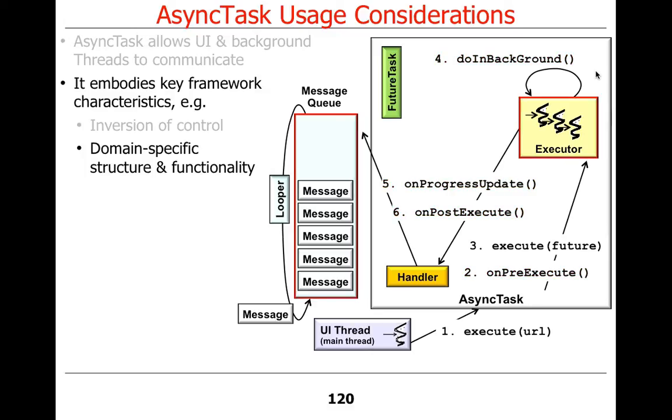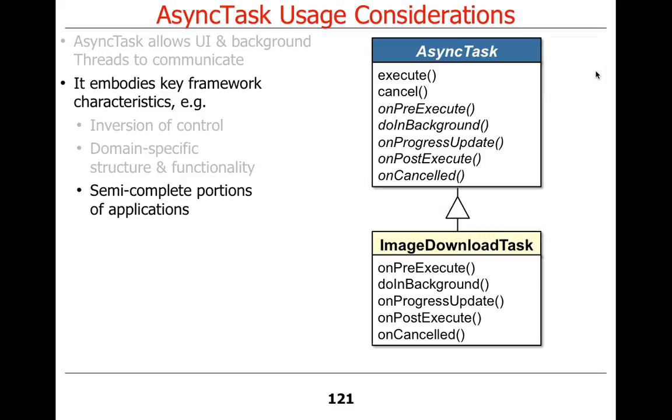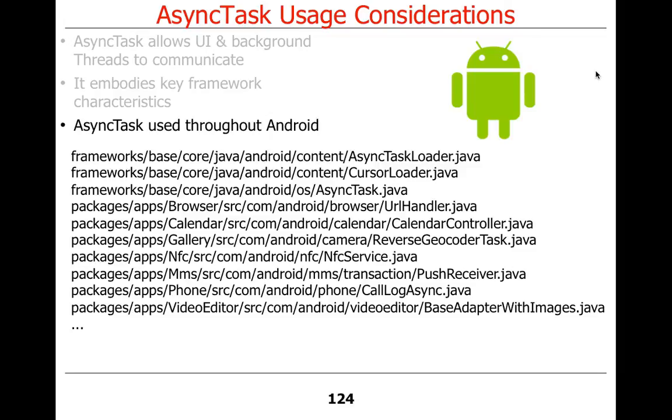Domain-specific structure and functionality: these are things from the domain of concurrent processing in the context of Android, dealing with Android's quirks for its concurrency model. And then semi-complete portions of applications. So here's the interface, and then we subclass and fill in just exactly the things we need to do our work. If we don't need it, we don't have to fill it in. In this case, we use doInBackground and onPostExecute. AsyncTask is used very, very heavily in Android.